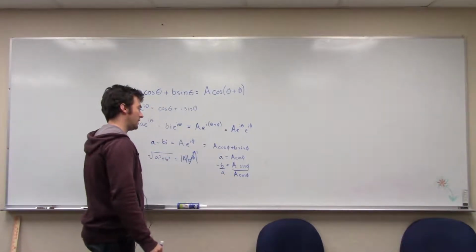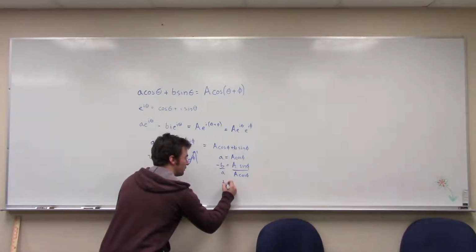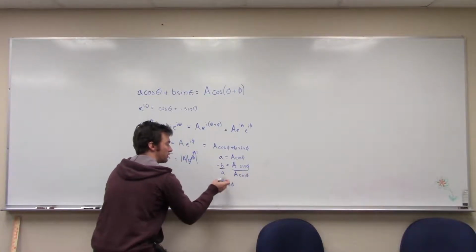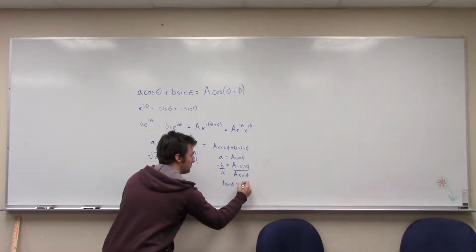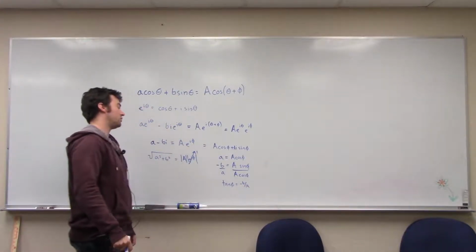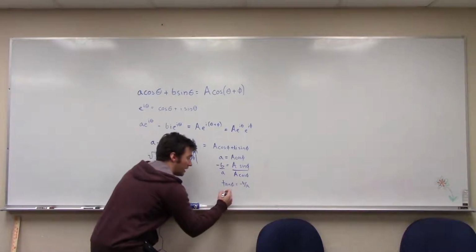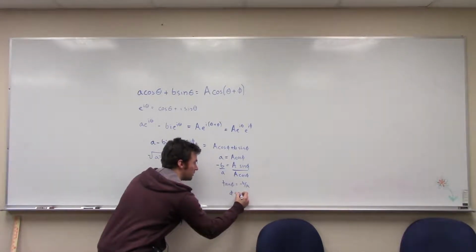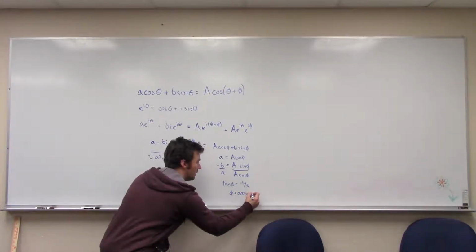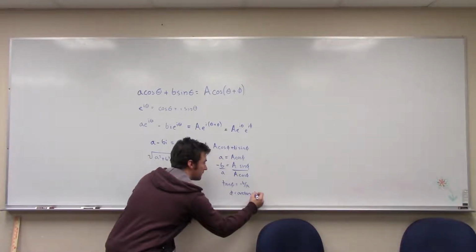And that is going to leave me with, flipping this over to the left-hand side, tangent of phi is equal to negative b over a. And so taking the arctangent of both sides, phi is going to be the arctangent of negative b over a.